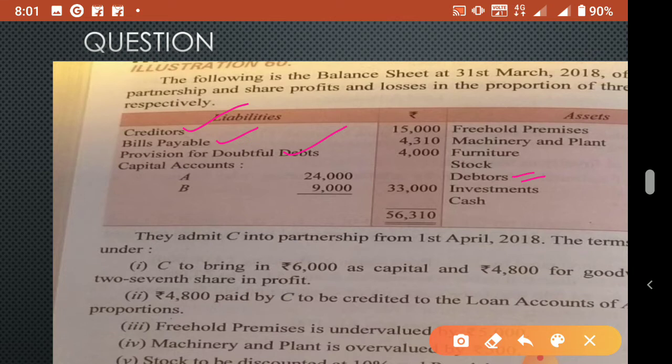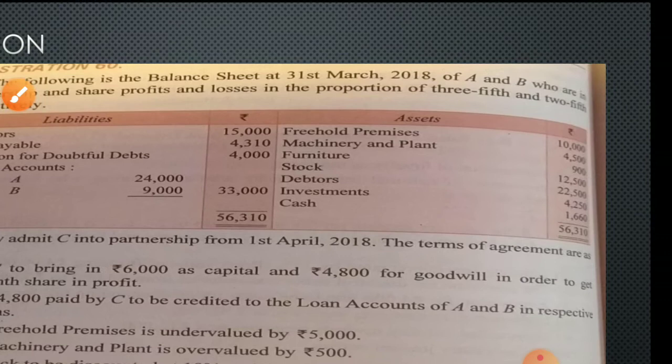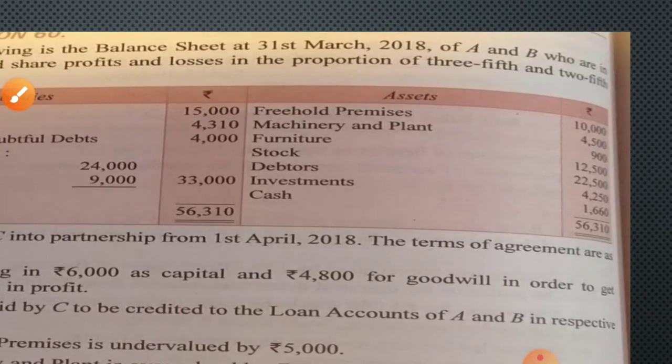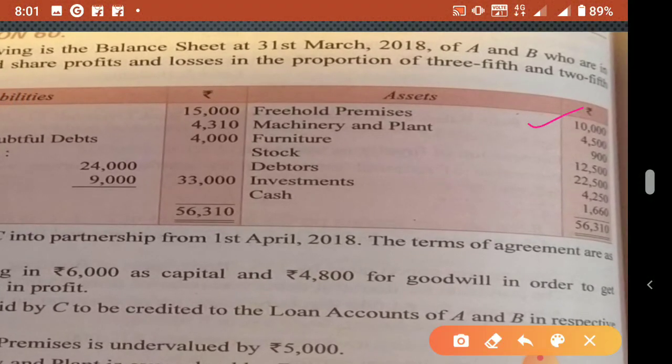Now capital account, as usual, capital is given for A and B. Then on the asset side: freehold premises 10,000, machinery and plant 4,500, furniture 900, stock 12,500, debtors 22,500, then investments 4,250, then cash 1,660.